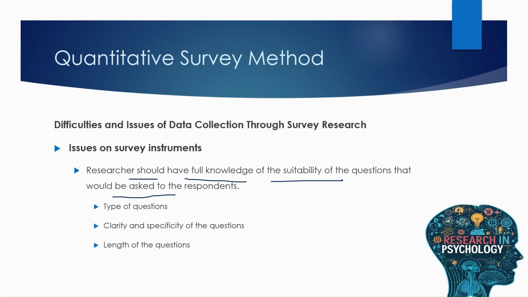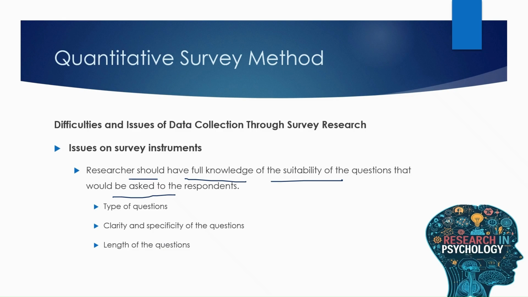There is a good chance that if the questions are not worded well, the reader may misinterpret them, and that can be a potential problem for the researcher, right? So it has to be taken care of that the questions are suitable to be asked to the respondents and framed really well.